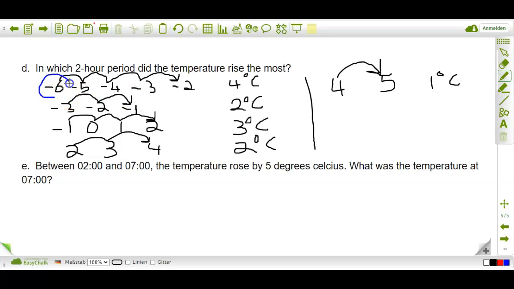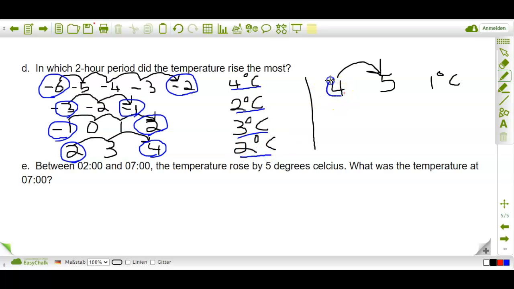Between -6 and -2, you had a 4 degrees Celsius rise. Between -3 and -1, you had a 2 degrees Celsius rise. Between -1 and +2, you had a 3 degrees Celsius rise. Between +2 and 4 degrees Celsius, you had a 2 degrees Celsius rise.